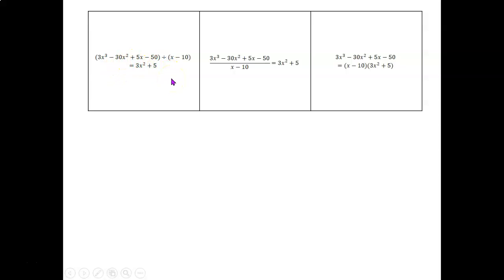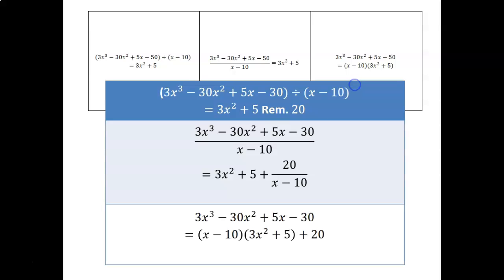And the answer turns out to be 3x squared plus 5. You're welcome to try it. Multiply together x minus 10 times 3x squared plus 5, and you do get 3x cubed minus 30x squared plus 5x minus 50.